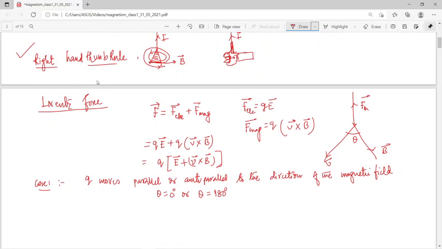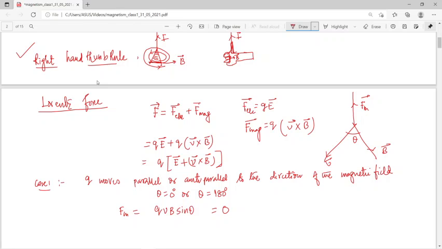If we put the value in the magnetic force, Fm, that is nothing but qvB sine theta. And when sine of 0 or sine of 180 is 0, the force is equal to 0. That means no force is experienced by a charged particle when it is moving parallel or anti-parallel to the direction of the magnetic field.